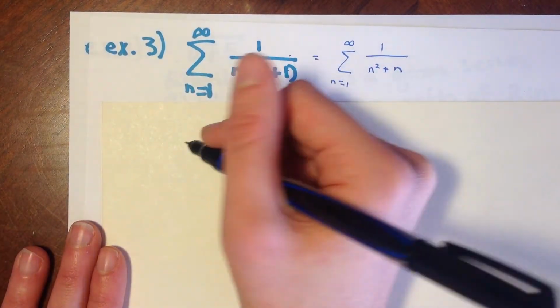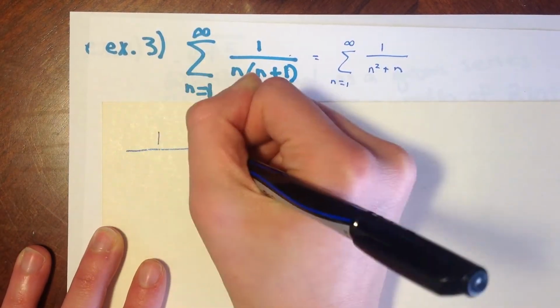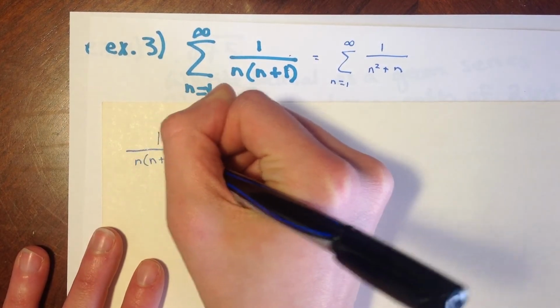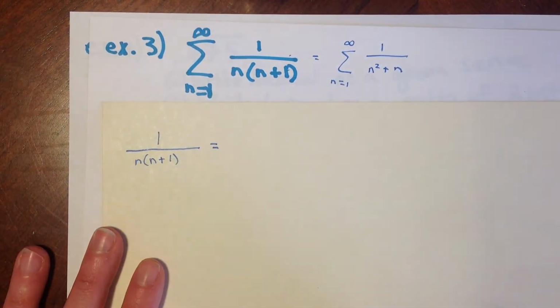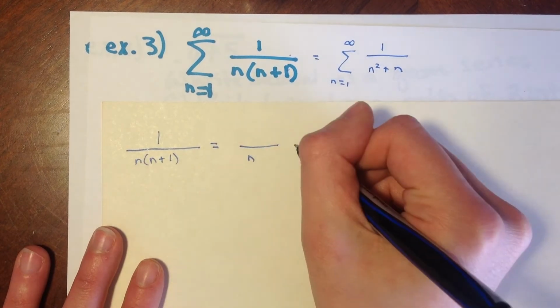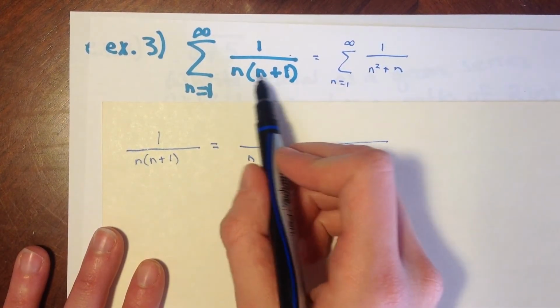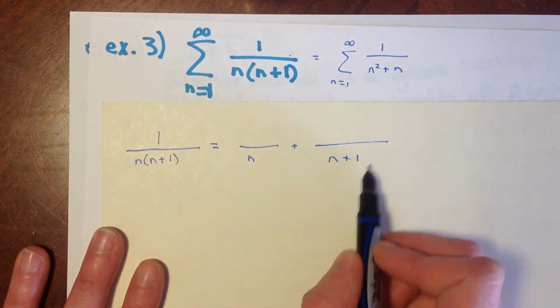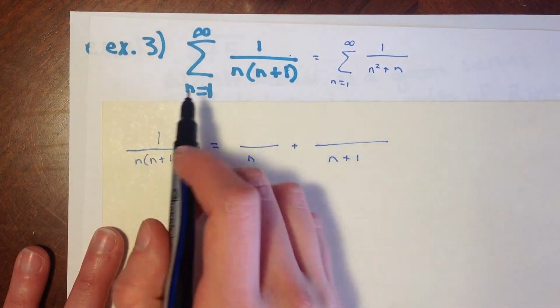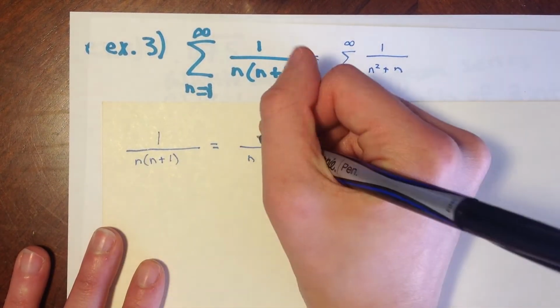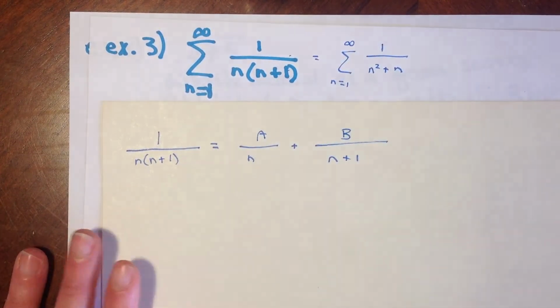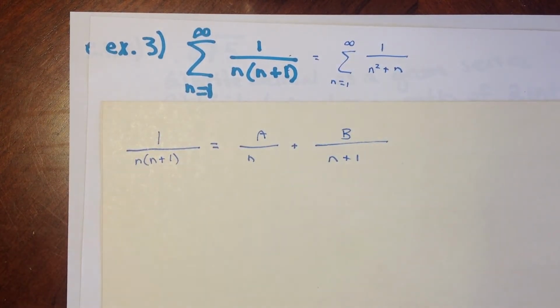So partial fractions, I'm going to say 1 over n times n plus 1 is going to be equal to, and then in the denominator, I know that I have these two factors, and I don't know what the numbers on top are, so I'm just going to put variables in for that.